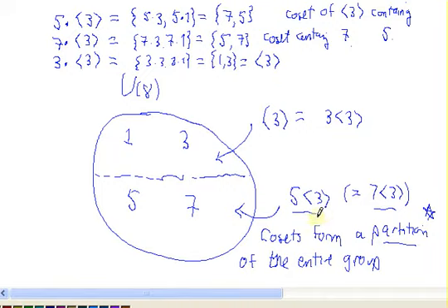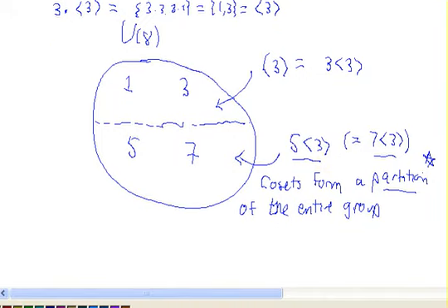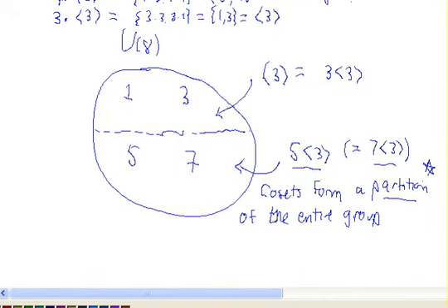Another important property that you can see from the way that cosets are defined: notice that when I define this coset 3 times ⟨3⟩, I'm multiplying each element of ⟨3⟩ by 3. Right? So if I start out with 2 elements in ⟨3⟩, I'll end up with 2 elements in 3⟨3⟩. The point here is that every coset will have the same number of elements as the original subgroup.